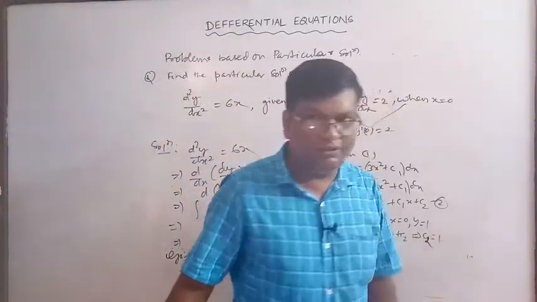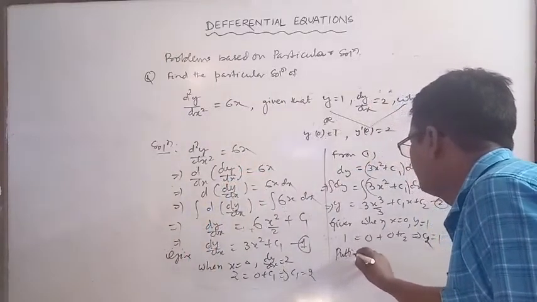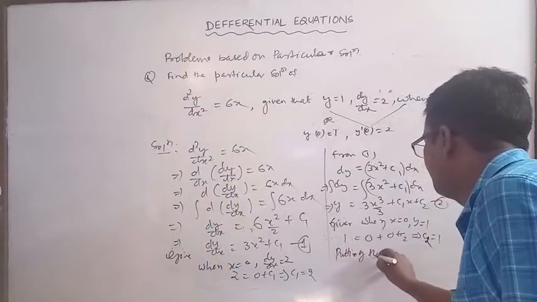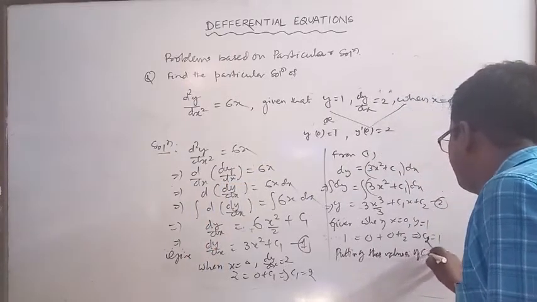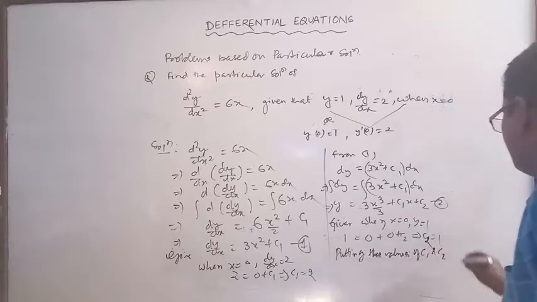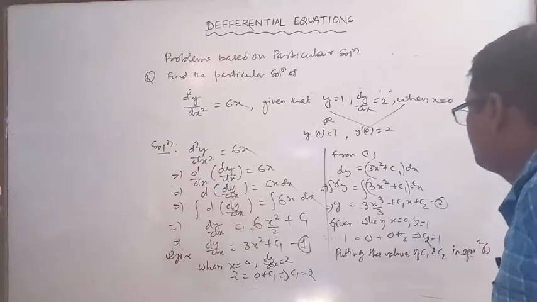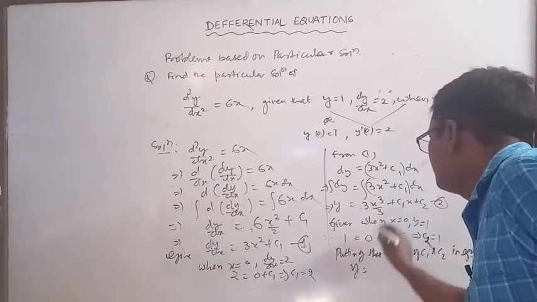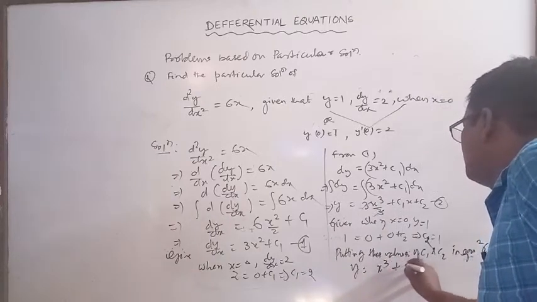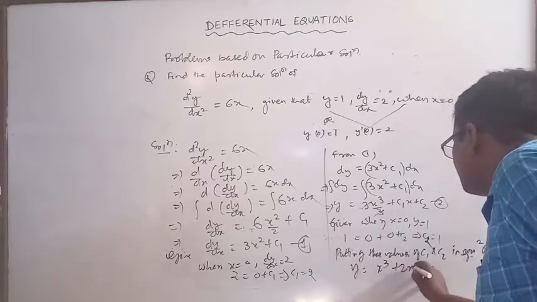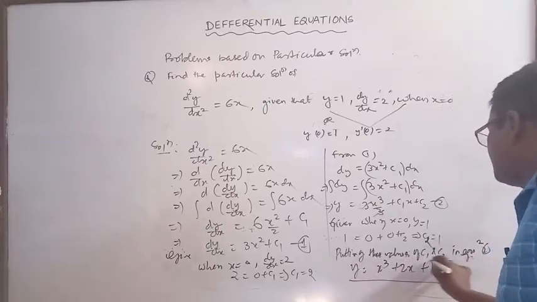Putting the values of c1 and c2 in equation 2, y is equal to x cube plus 2x plus 1. This is the particular solution.